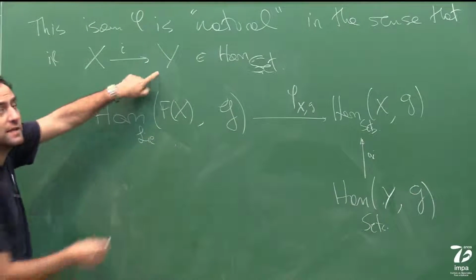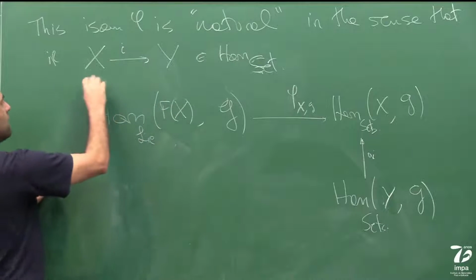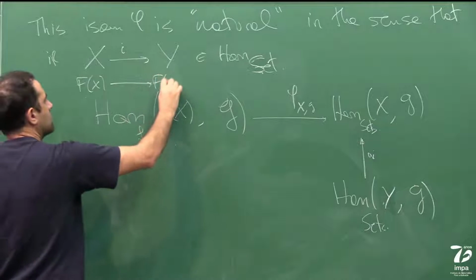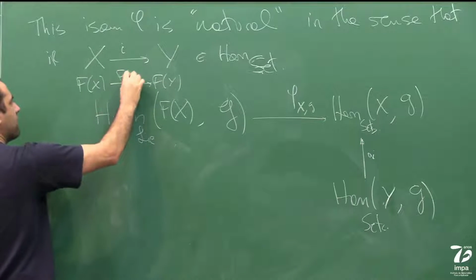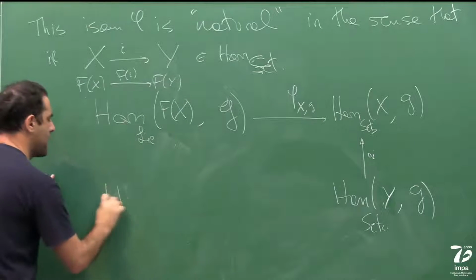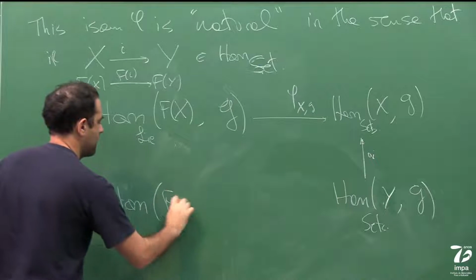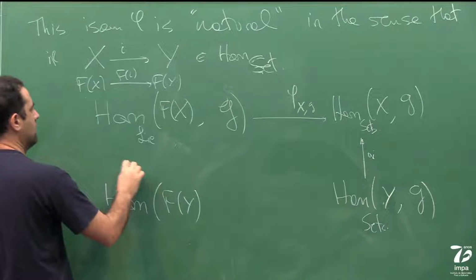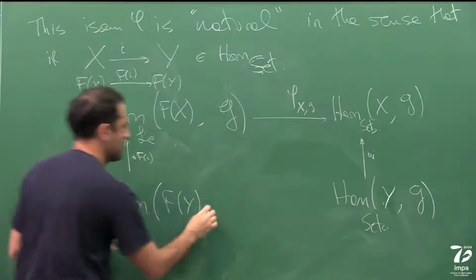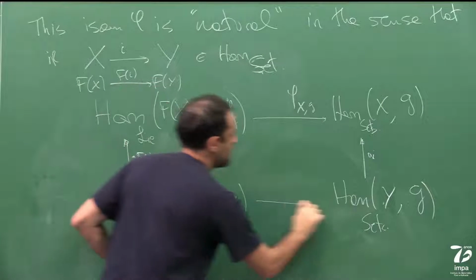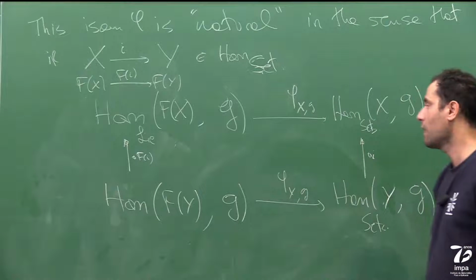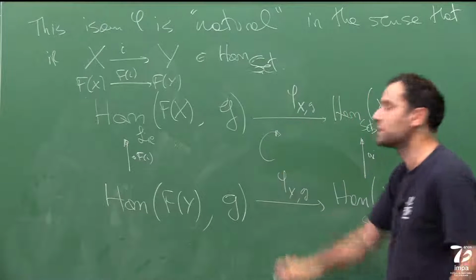So F of I gives you a map from F of X to F of Y. And since hom is also contravariant in this category, you get a map from hom of F of Y to hom of F of X. This is the composition with F of I, G. And here is the phi that you get for the pair Y, G. And this diagram commutes.